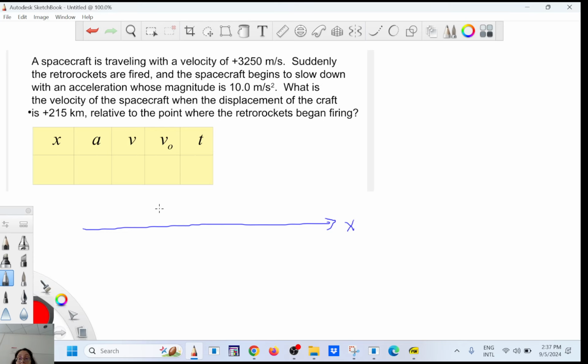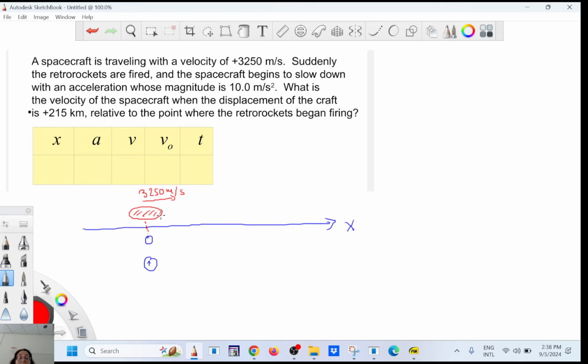So you have a spaceship, a spacecraft here, and when you start your stopwatch, it was already moving. So I can put a 0 there, right? It doesn't say initial position, so let's suppose it's at 0. That's your stopwatch here. You start your stopwatch.